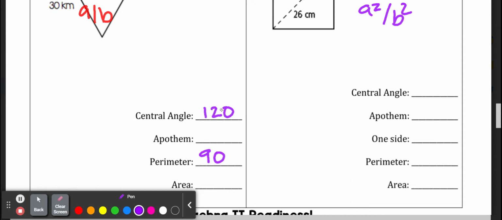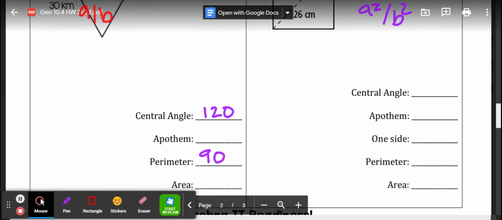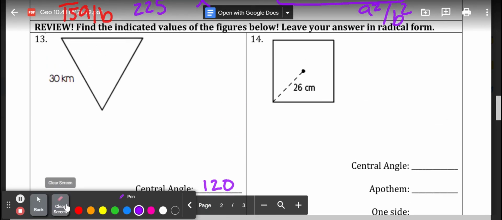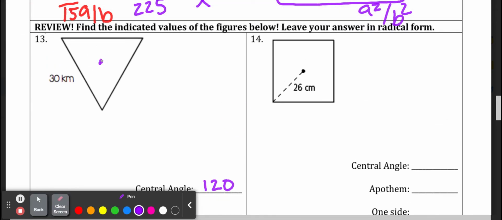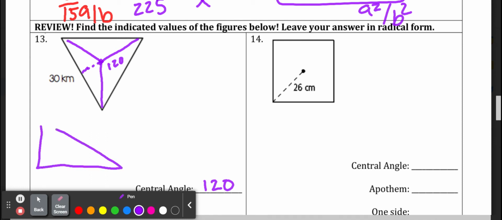So I just like to get as much done as I can right there. So let's draw our picture. We have a point right there. This is all broken up. This is 120, but we're going to break that down. So we have this triangle where this bottom piece is now 15 because it got cut in half.